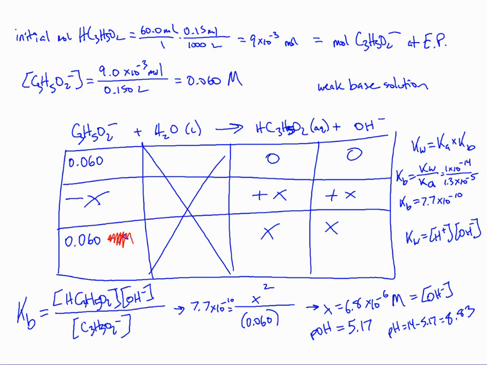Okay, so it says sketch the titration graph. Describe the major species at the starting point, at the halfway point, the equivalence point, and past equivalence point. So let's draw a graph here. pH is on the y-axis.